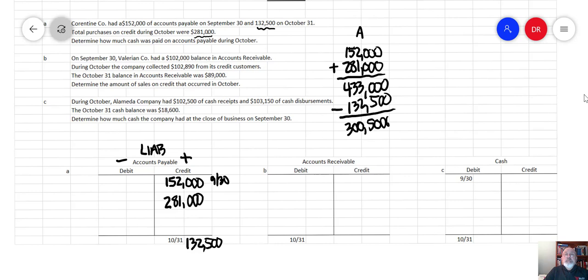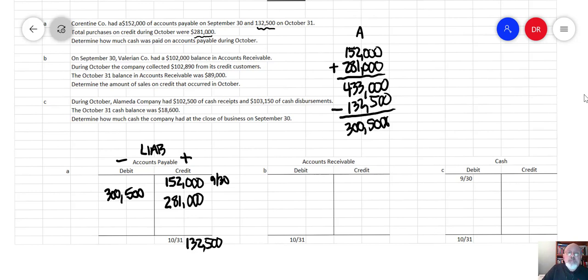And these are the payments that were made through that month. So we have a debit here of 300,500 because when they make payments, they're decreasing the liability. Okay? So for the first scenario, it's beginning balance plus purchases minus the ending balance to figure out how much they had to have in payments to get to that ending balance.